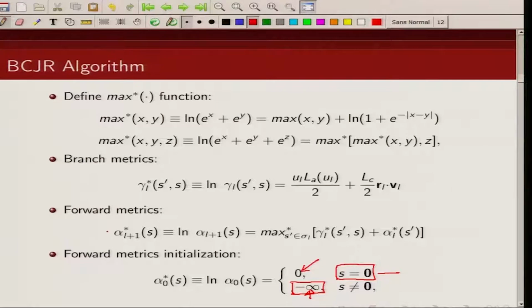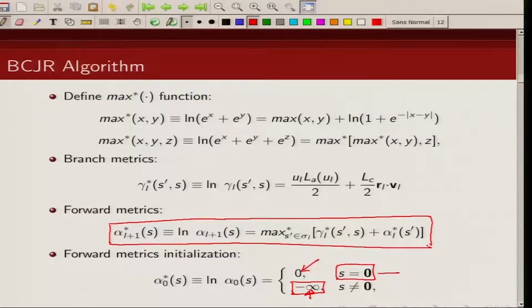So if we write our recursion using the max star operation, the initialization should be done like this: when it's in state 0, alpha 0 star 0 will be 0, and it will be minus infinity for all other cases.